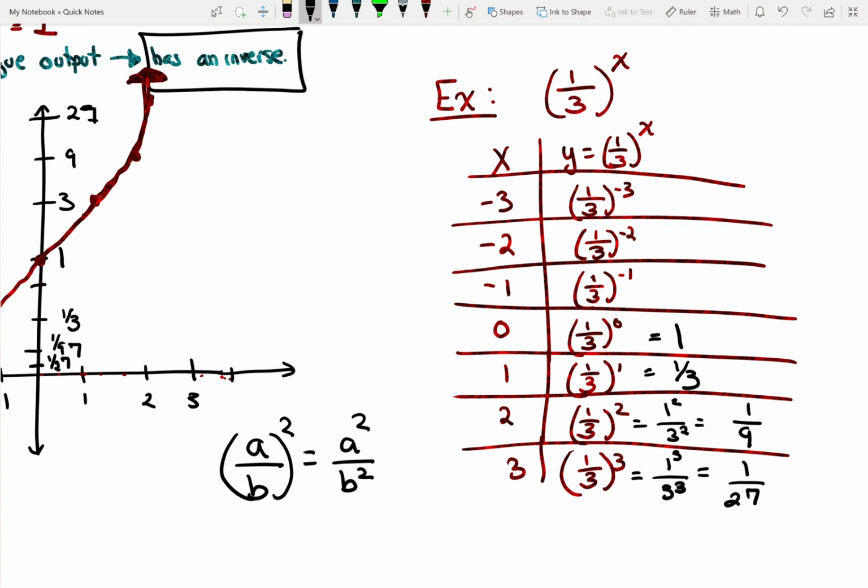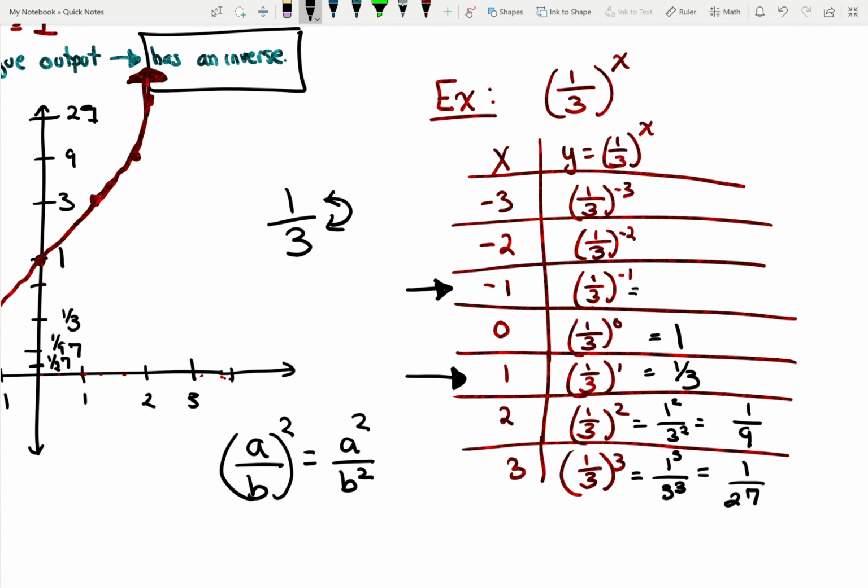So now let's look at the negative cases. In this case, I have a negative 1. Well, we said that if it were positive, my result would be 1 over 3. But because this is a negative 1, I'm going to take this 1 over 3 and flip it, just like I did in the previous example.